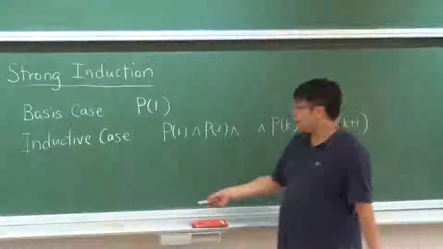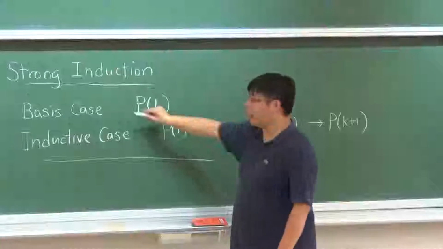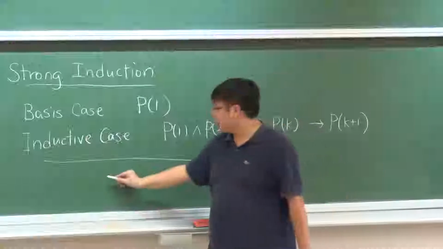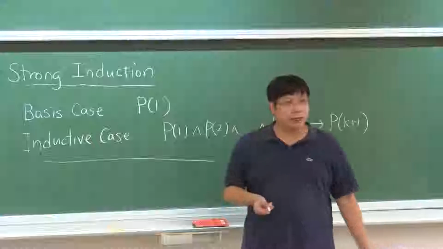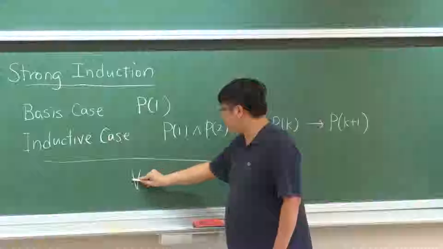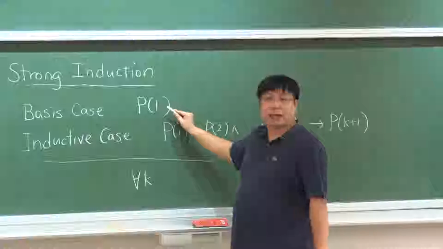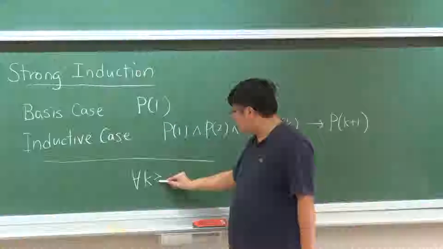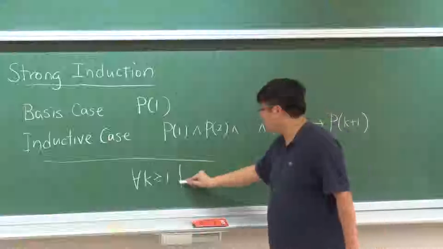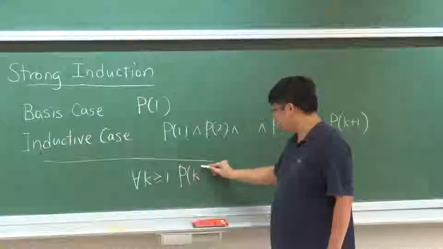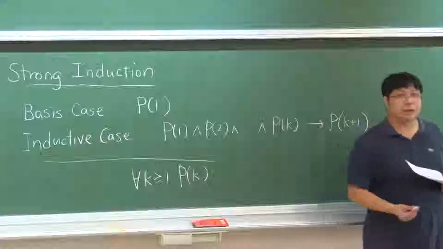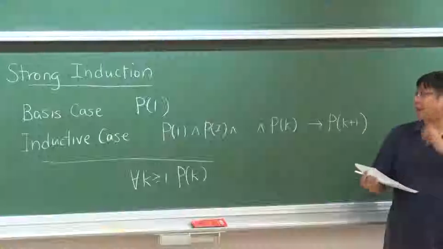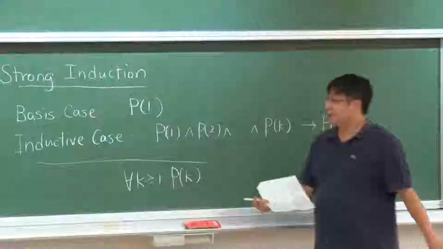So if these two cases are proven to be true, then we can conclude in our valid argument form that for every k starting from this basis case, greater than or equal to 1, we will have this Pk to be true. Okay? So we will have two examples of this.